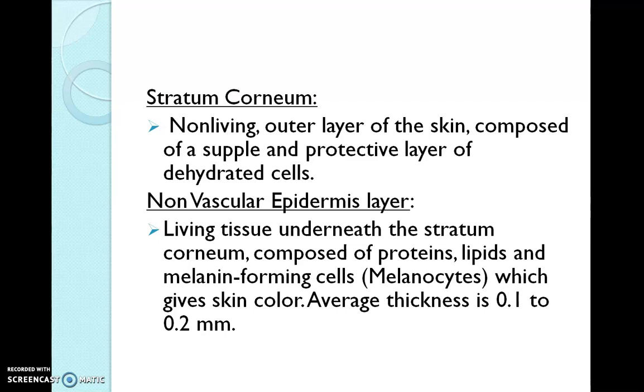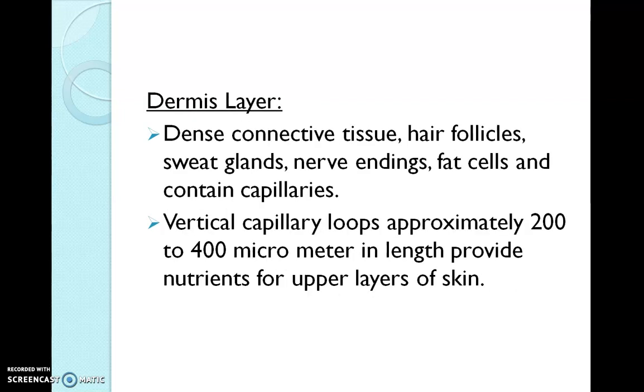Next, dense connective tissue, hair follicles, sweat glands, nerve endings, fat cells and a profuse system of capillaries make up the dermis, which is the third layer. Vertical capillary loops approximately 200 to 400 micrometers in length provide nutrients for the upper layers of the skin.